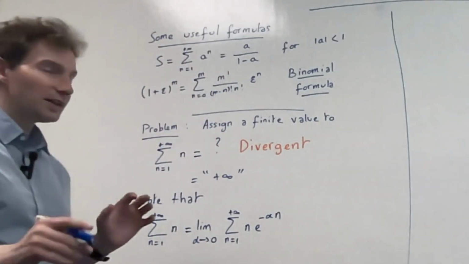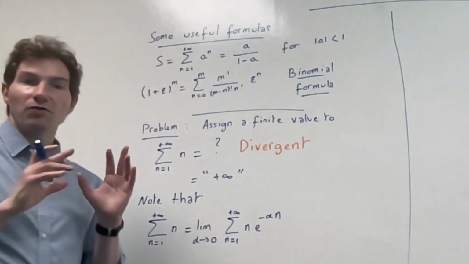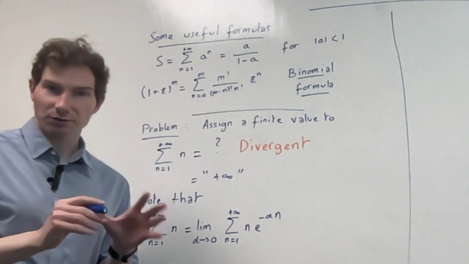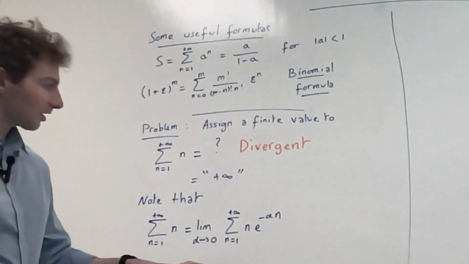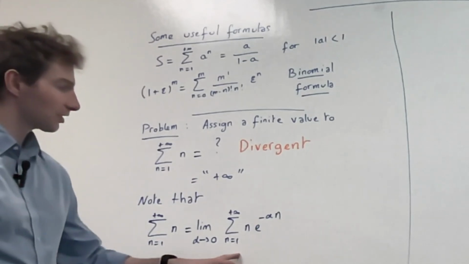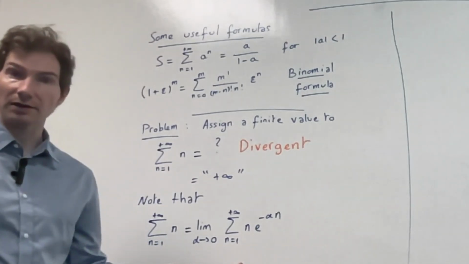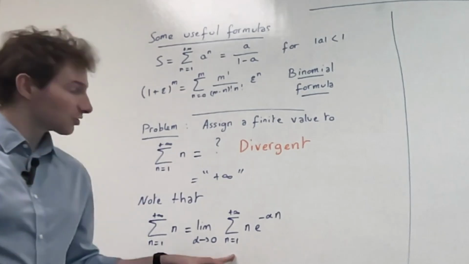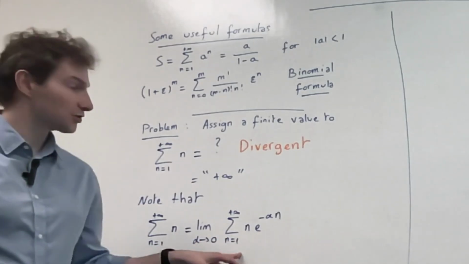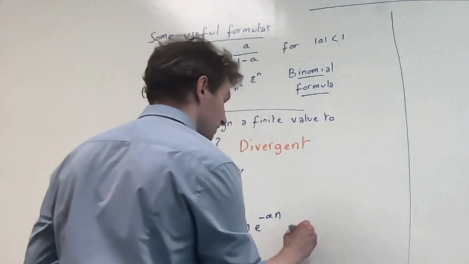Here we see that there is already a first possible approach we are trying out. This approach is to look at a regularized expression. This expression converges as long as alpha is positive.